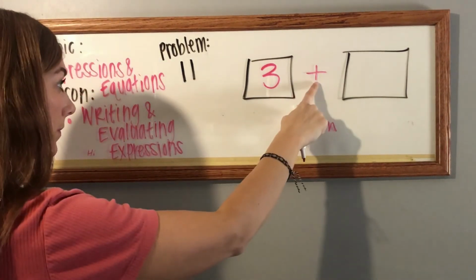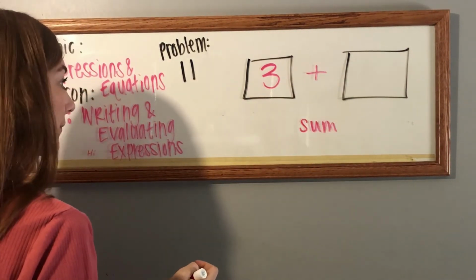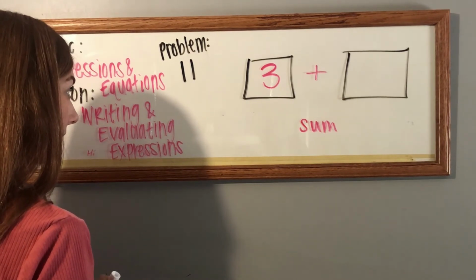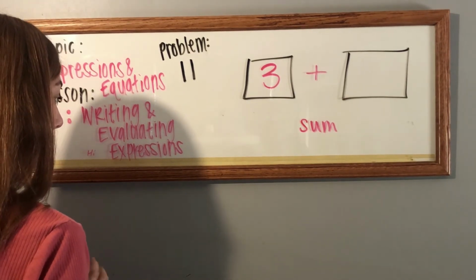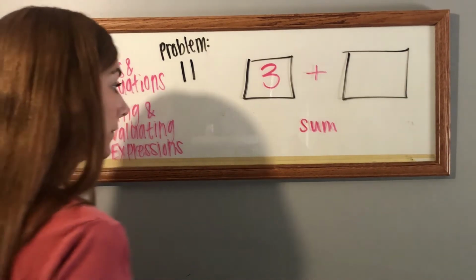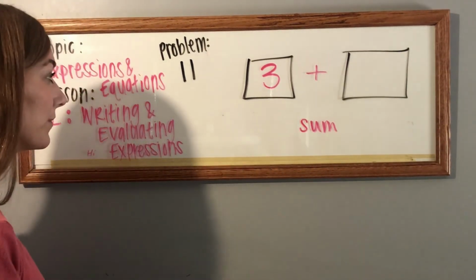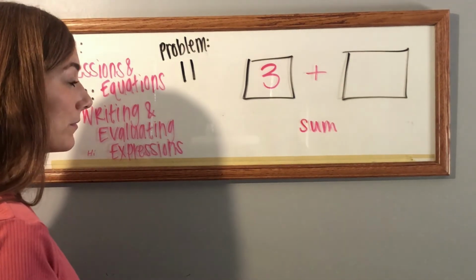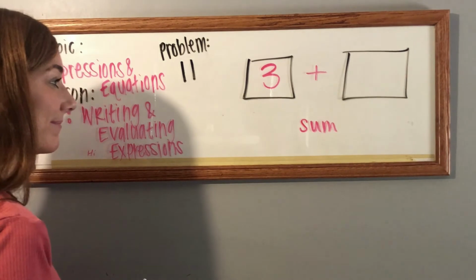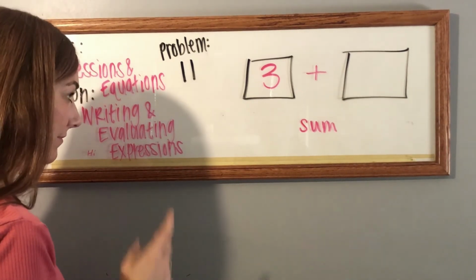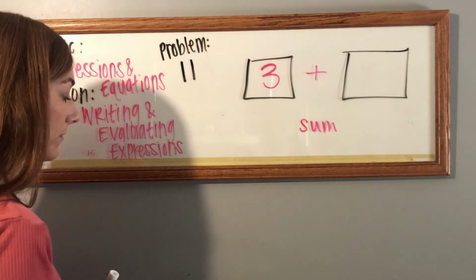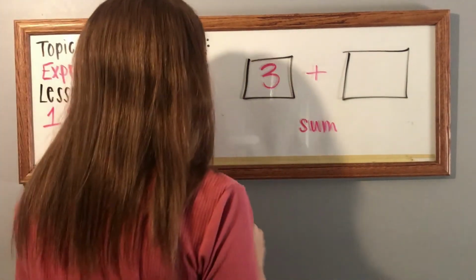Remember, in addition, does it matter what order these two numbers come in? It doesn't matter in addition and multiplication. But it is pretty important in subtraction and division. So you always need to be aware of the order you're supposed to be in. So let's do the sum of 3 and the quotient of a number divided by 6. Quotient is the answer to a division problem.